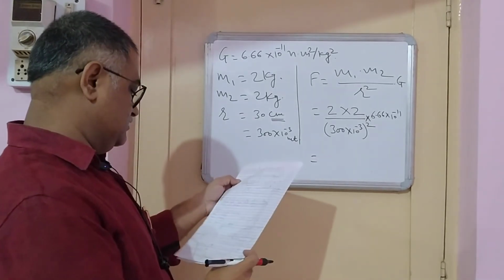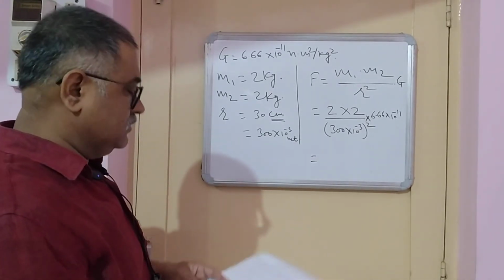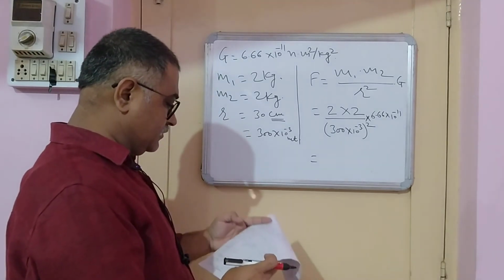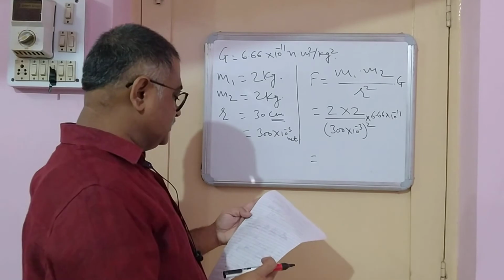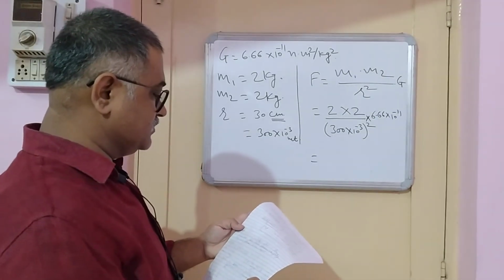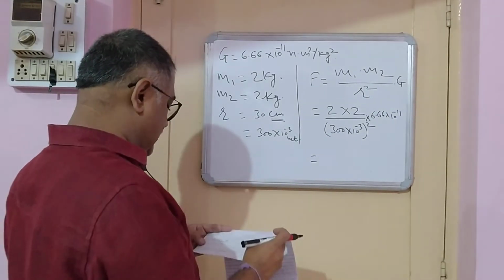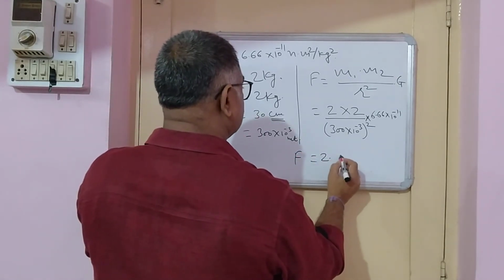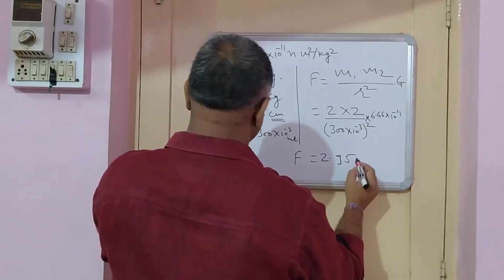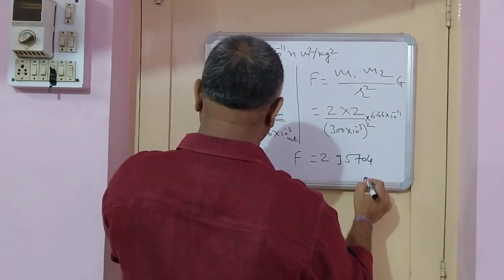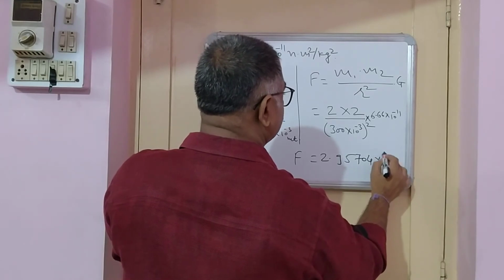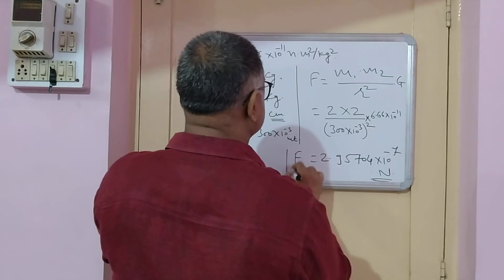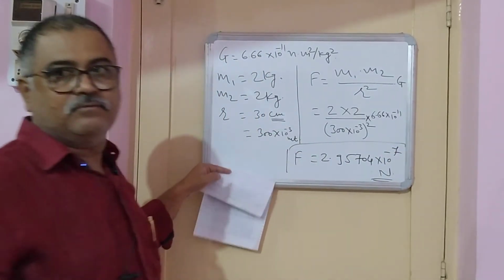By making all the calculations we get the force F equal to 2.95704 into 10 raised to minus 7 Newton. This is the required answer for this problem.